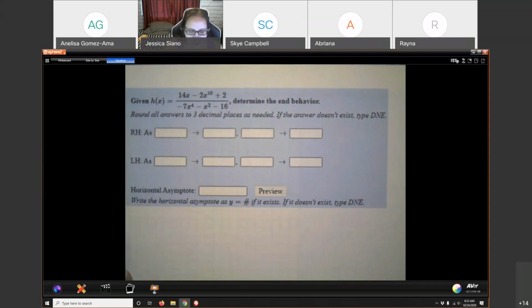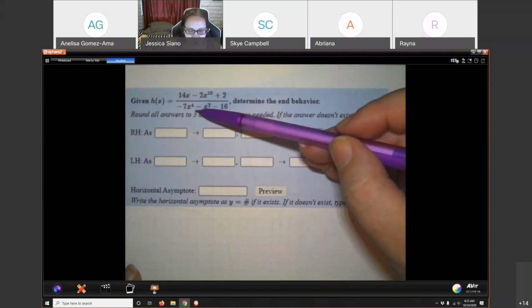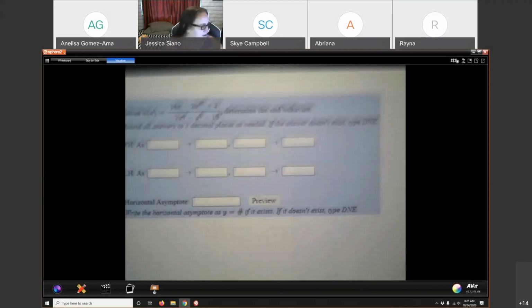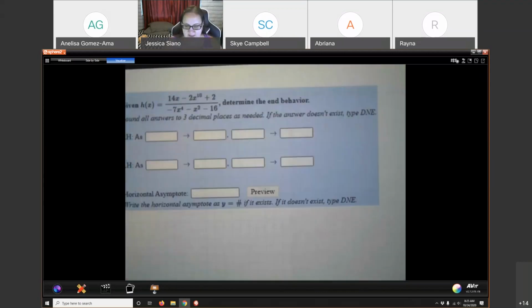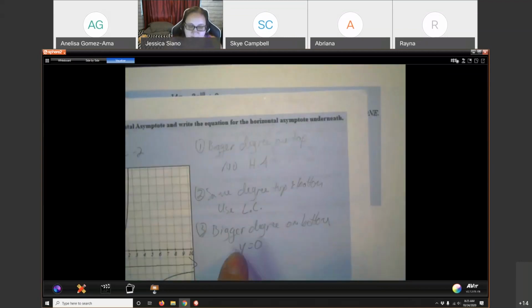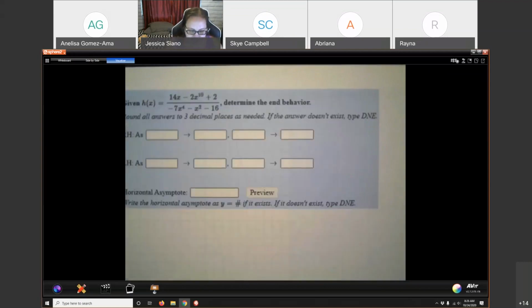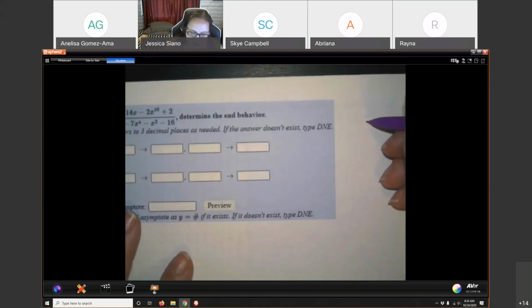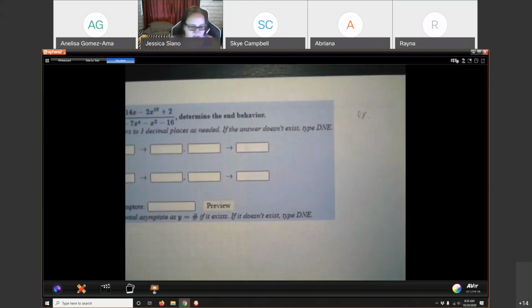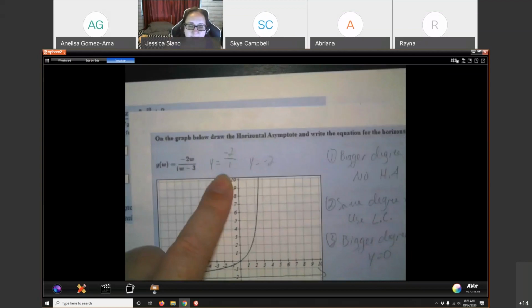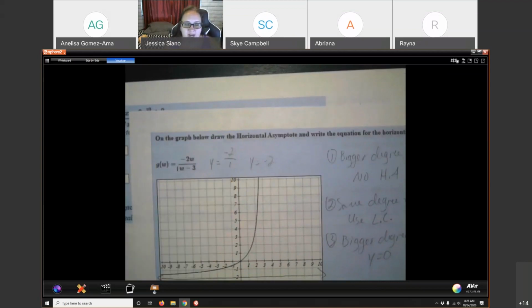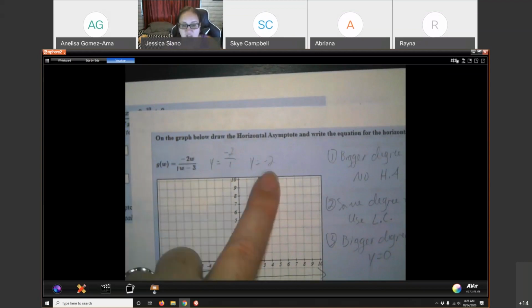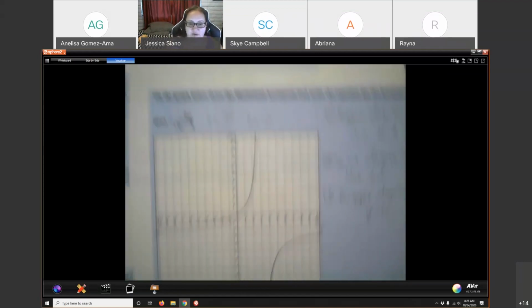If this was the same top and bottom, then you would be approaching whatever your leading coefficient was. So for example, if you had this, then on both the left and the right, as x was going toward infinity or negative infinity, your y would be going toward this -2.